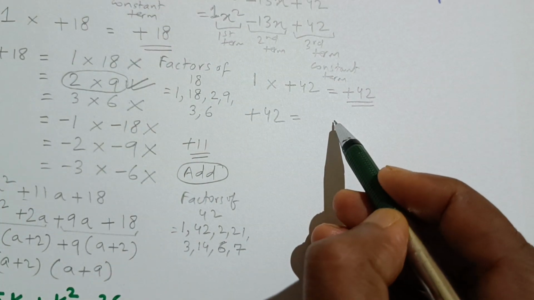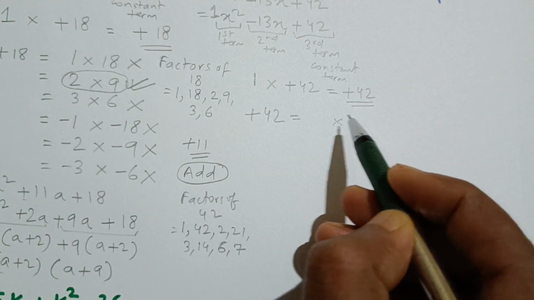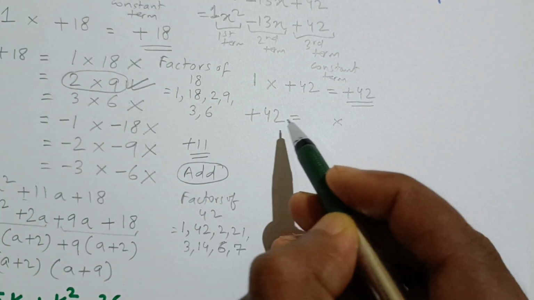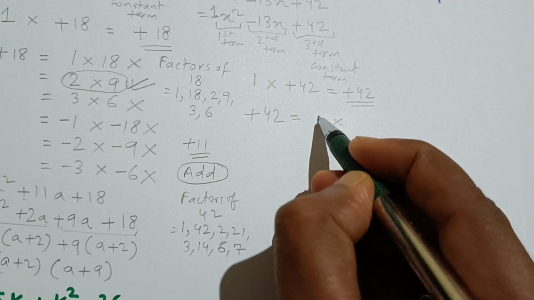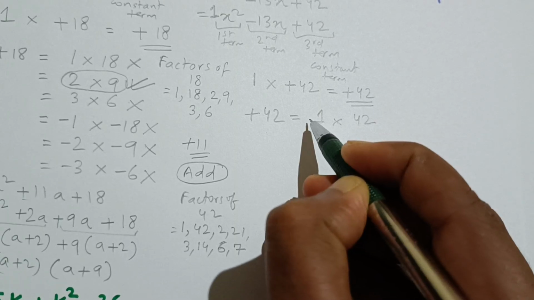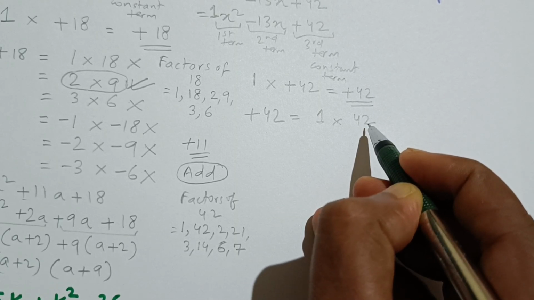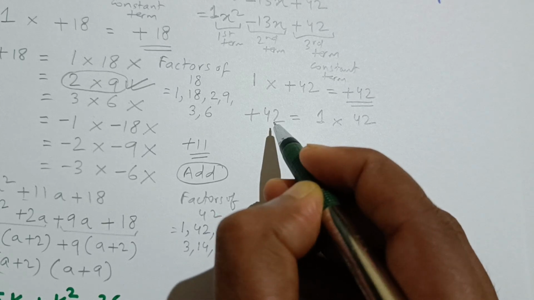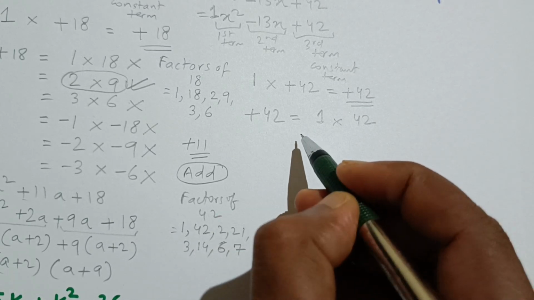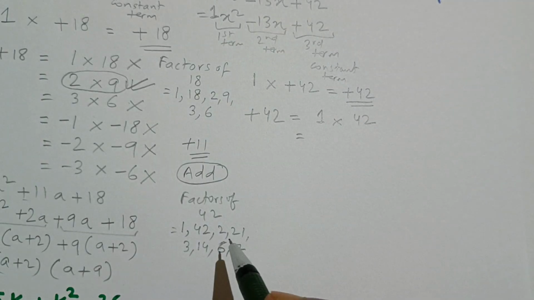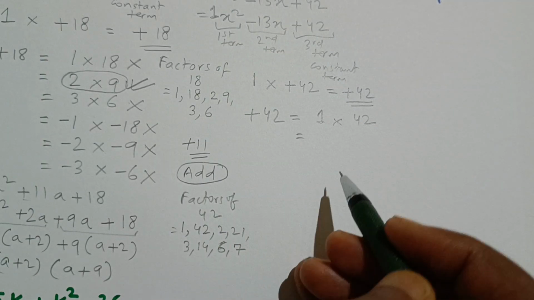Now we have to find integer pairs whose product is plus 42. So 1 and 42: 1 into 42 is 42, so plus 1 multiplied by plus 42 gives me plus 42. So this is one integer pair whose product is plus 42. Another integer pair is 2 and 21.